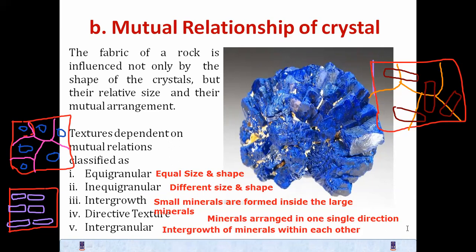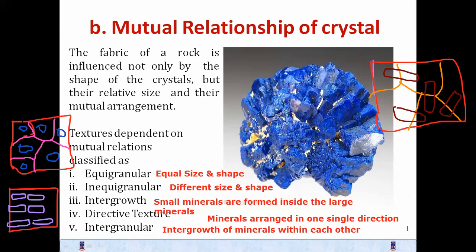Equigranular means where, when you take any rock, you can get more or less all the minerals of equal size. Okay, inequigranular means where different sizes and shapes of the minerals are there.